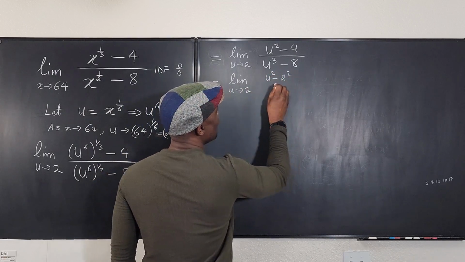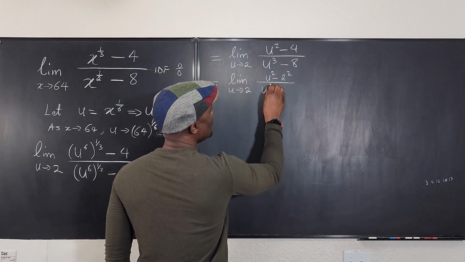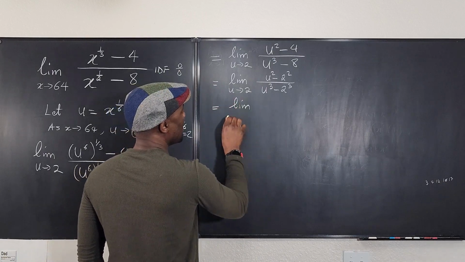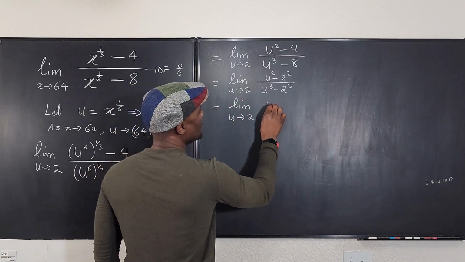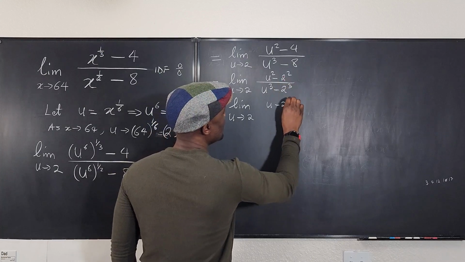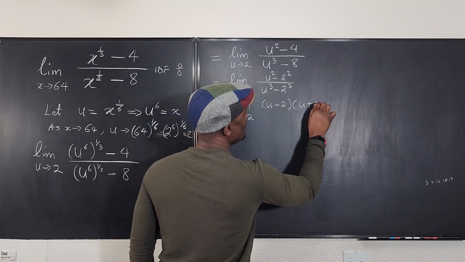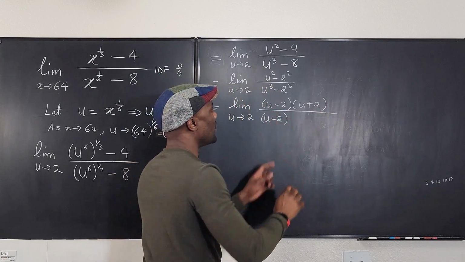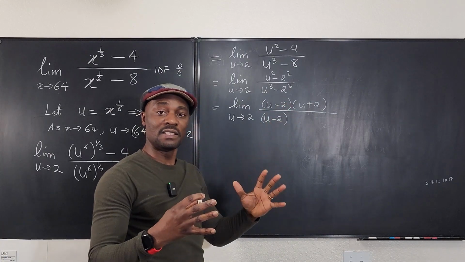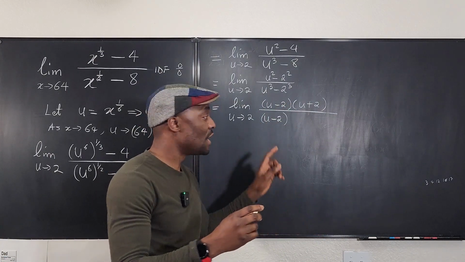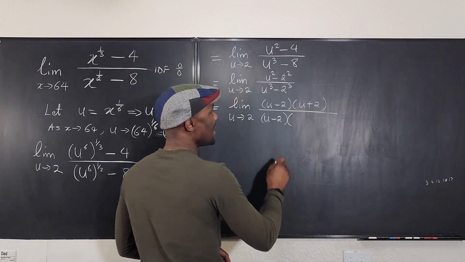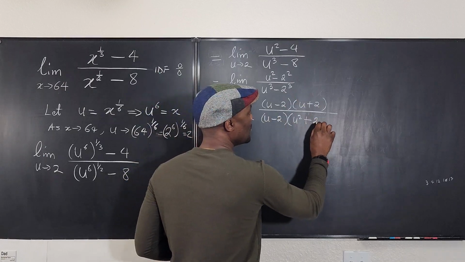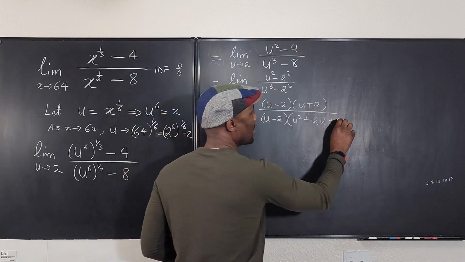So this is going to be the limit as u goes to 2 of u squared minus 2 squared over u cubed minus 2 cubed, which is equal to the limit as u goes to 2 of u minus 2 times u plus 2, and under it is going to be u minus 2 times u squared plus u times 2, which is 2u, plus 2 squared.